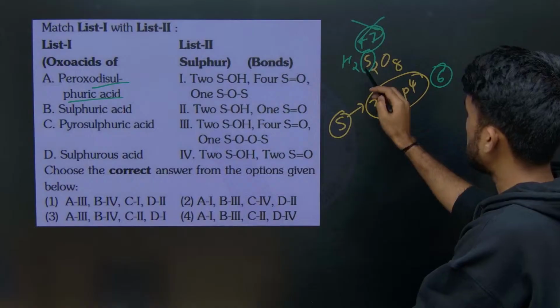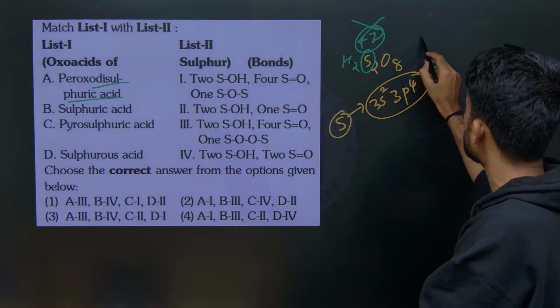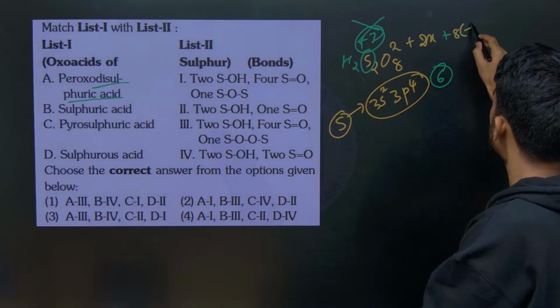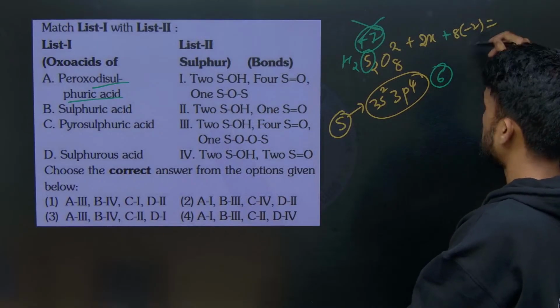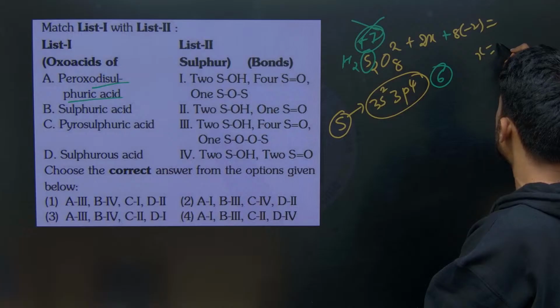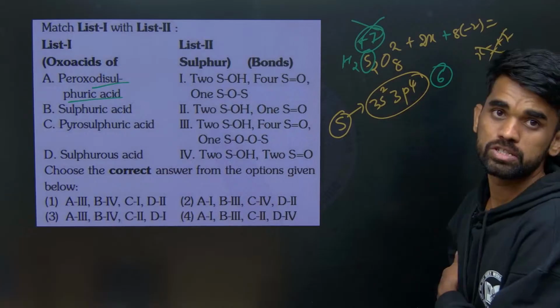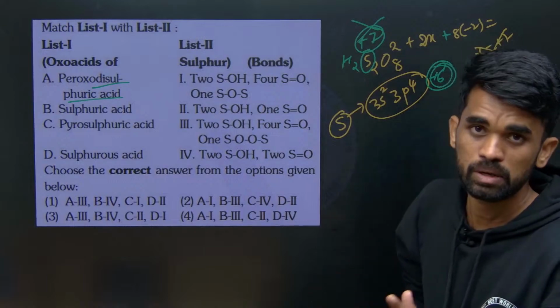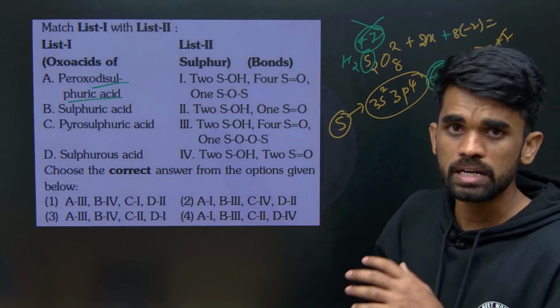But if you calculate the average oxidation state by taking 2 plus 2x plus 8 into minus 2 equals 0, you will get x as +7, which is not possible. So it can be a maximum of +6 or lower, but should not exceed +6.